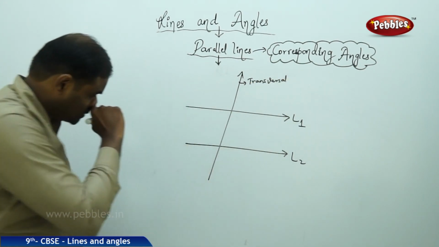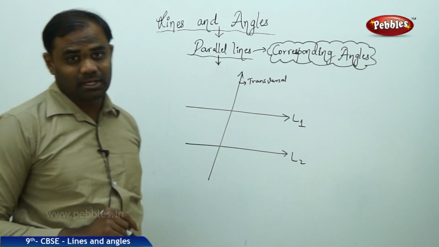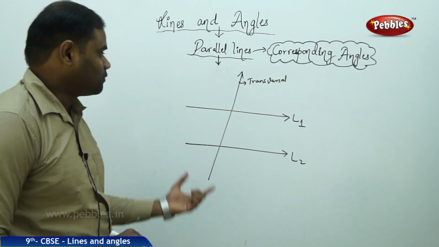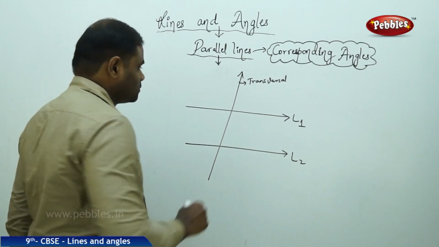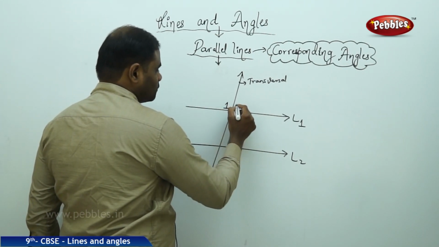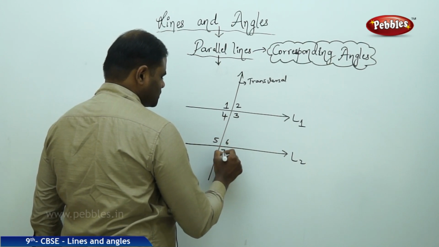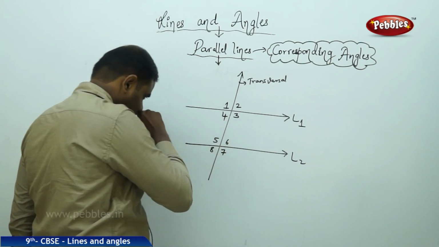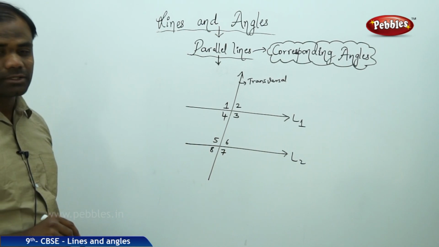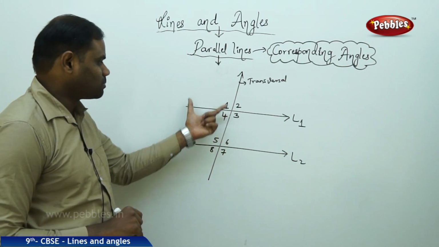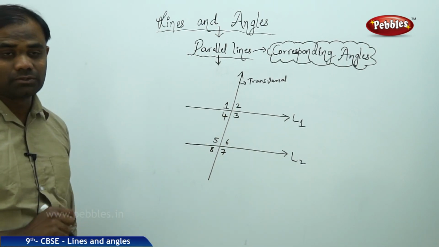Now for this transversal, as we already discussed about 8 angles which are formed with L1 and L2, we have 1, 2, 3 and 4, 5, 6, 7 and 8. Then the corresponding angles are said to be the angles which are correspondingly above lines L1 and L2.